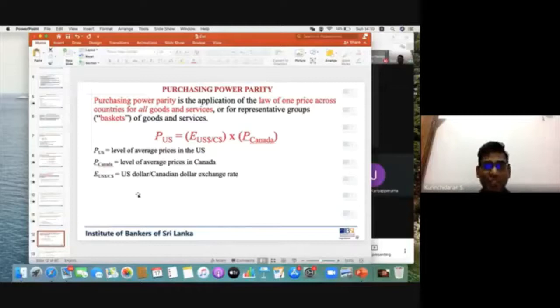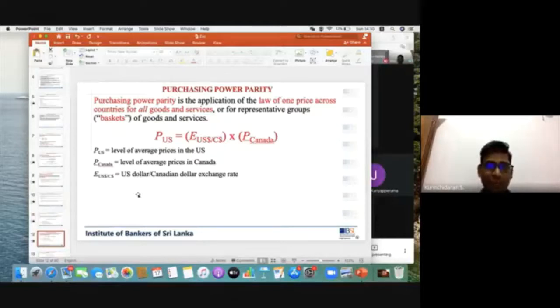Okay, the next important topic we are going to discuss is purchasing power parity. What is purchasing power parity? It is the application of the law of one price across countries for all goods and services, for representative groups or baskets of goods and services, right? Now we were talking about one product, that is the law of one price.